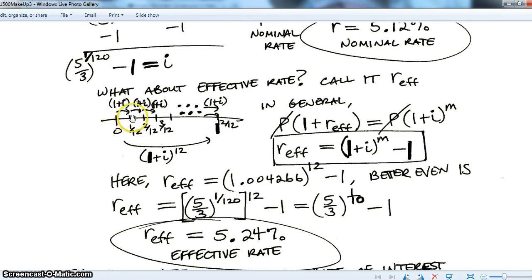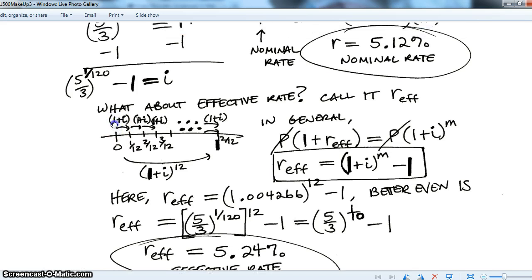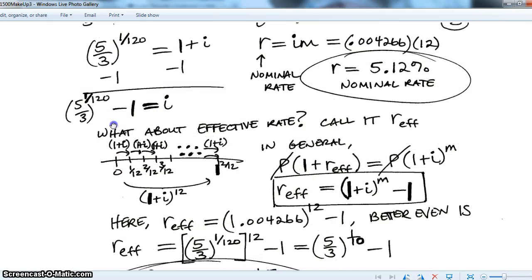Over each of those individual months, 1/12 of a year, we increase by a factor of 1 plus I, because I was the interest rate for each of those compounding periods. So we multiply by 1 plus I, multiply by 1 plus I, multiply by 1 plus I. At the end of 1 year, we've multiplied by 1 plus I 12 times. In other words, we multiplied by m times, because m is the number of compounding periods per year.